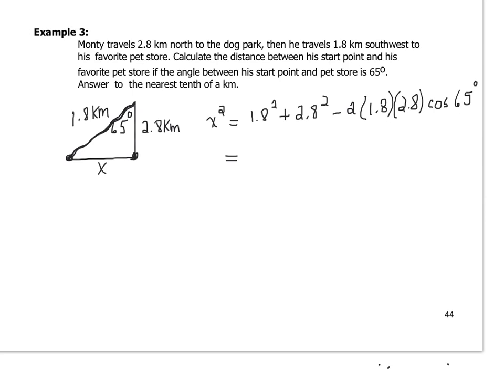So then if I work each part out, 1.8 squared, I get 3.24. 2.8 squared, 7.84. 2 times 1.8 times 2.8 times cosine 65 equals 4.5, 25, 999.